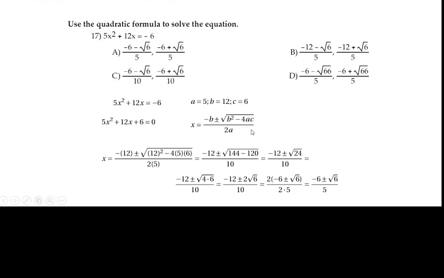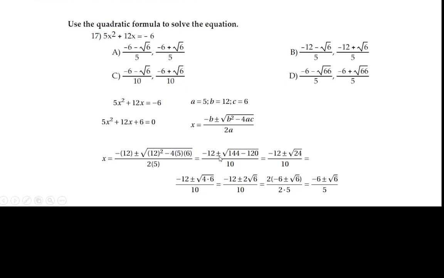And we plug that into the quadratic formula. x equals -b plus or minus the square root of b squared minus 4ac all over 2a. So we have the opposite of 12 plus or minus the square root of 12 squared minus 4 times 5 times 6 all over 2 times 5.